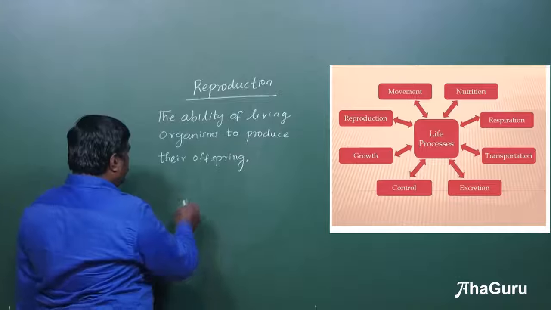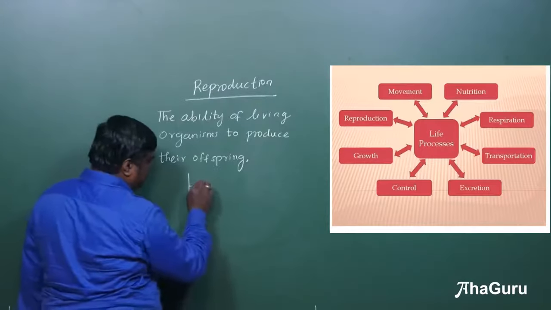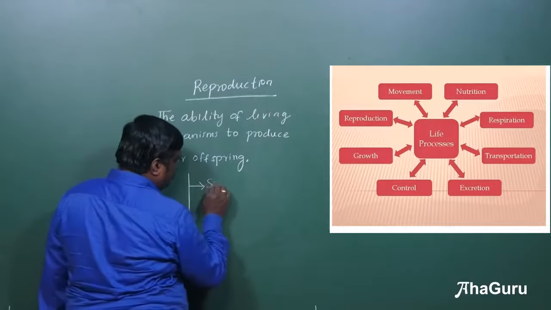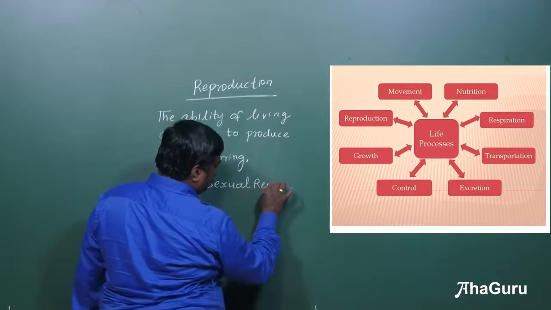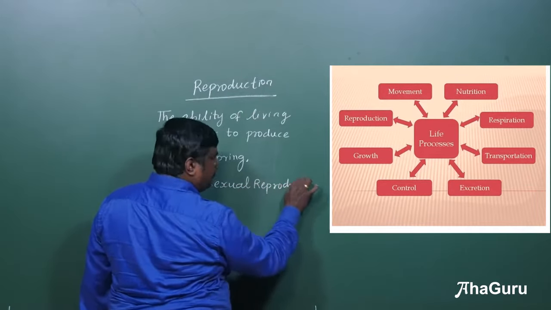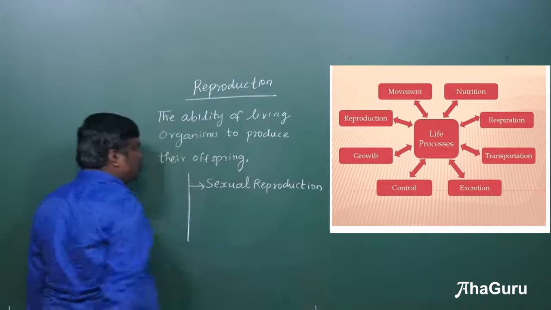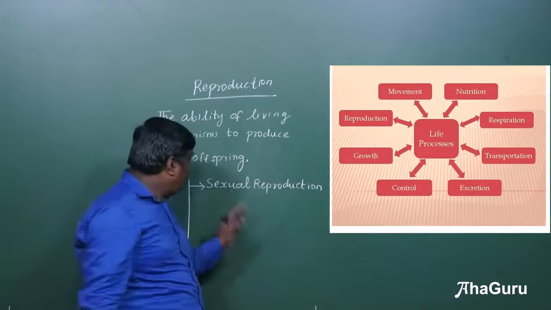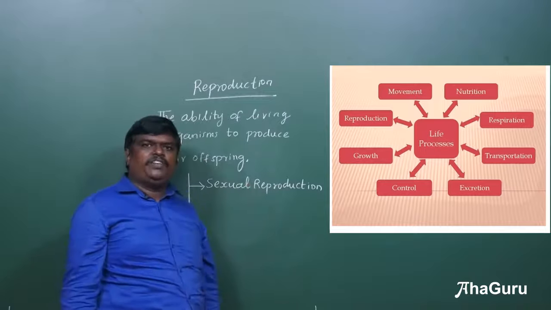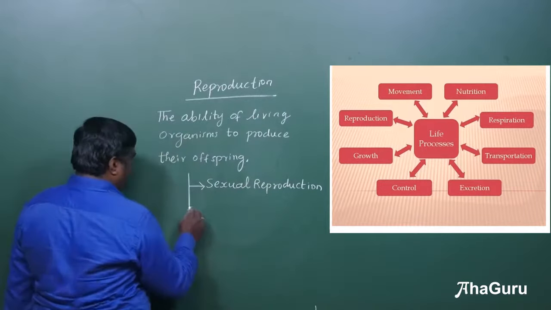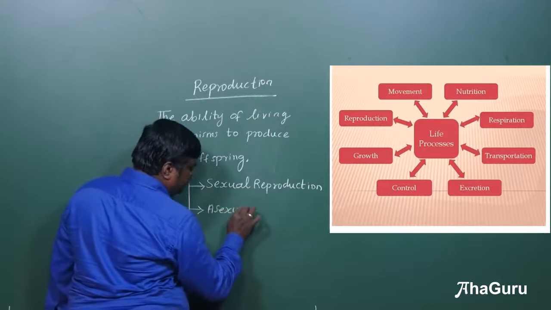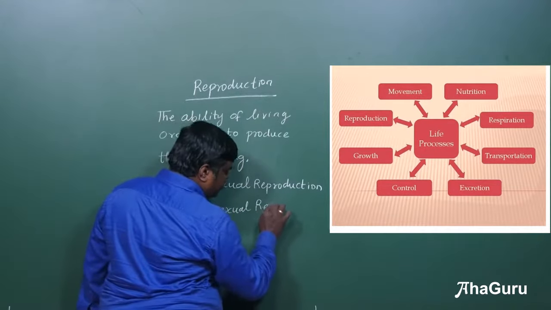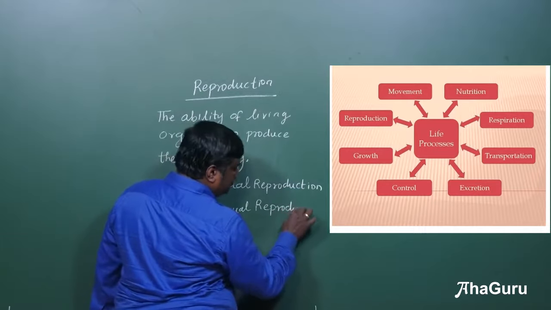Reproduction involves several processes. We have sexual reproduction. This is one method of reproduction where both male and female organisms are involved. The other one is asexual reproduction. Here, only one organism is involved.